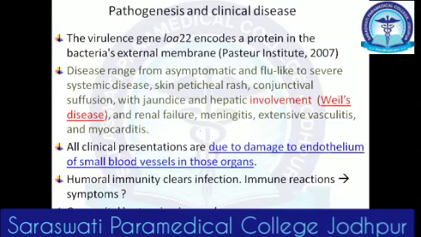They can produce skin rashes, conjunctival suffusion, and jaundice. So this kind of dangerous symptom can be caused by leptospira. It can finally lead to renal failure or meningitis, and finally extensive vasculitis.